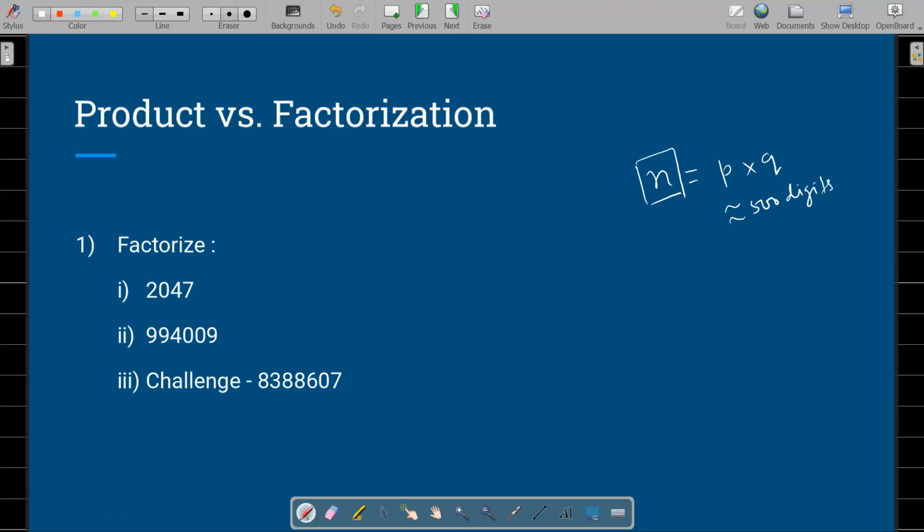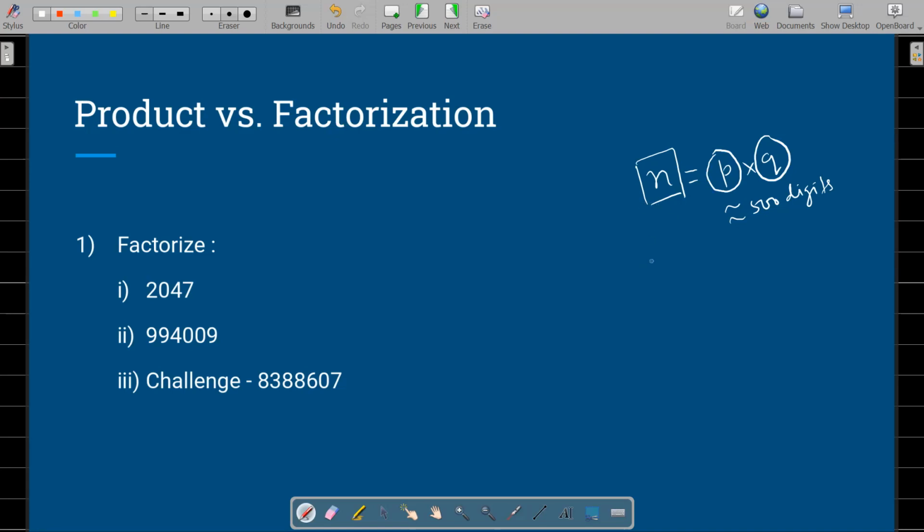But even if you make that n public, for decryption what you need is the factors p and q. And given n, to factorize n is difficult. But if I want to multiply p and q, that is a comparatively easy job, even if they are so big. So multiplication is easy, but factorization is difficult.